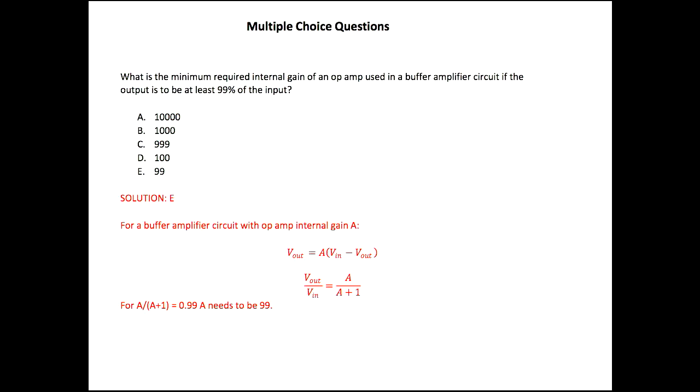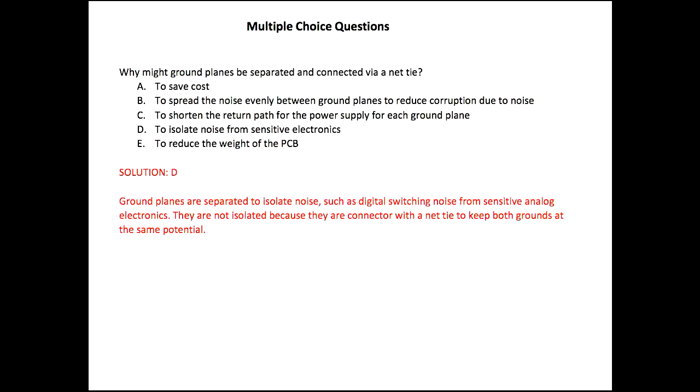Then another multiple choice. Why might ground planes be separated and connected via a net tie? Basically, in a wide way: to save cost, to separate noise evenly between ground planes to reduce the corruption due to noise, to shorten the return path for the power supply for each ground plane, to isolate noise from sensitive electronics, or to reduce the weight of the PCB.